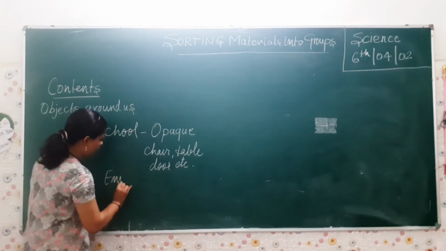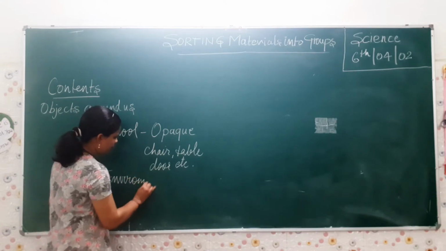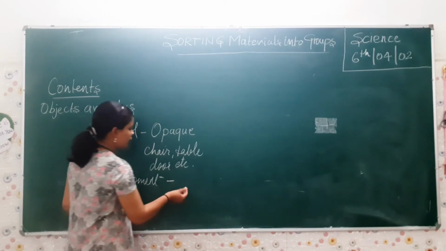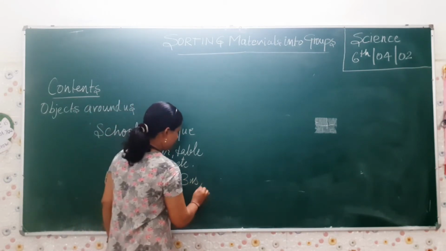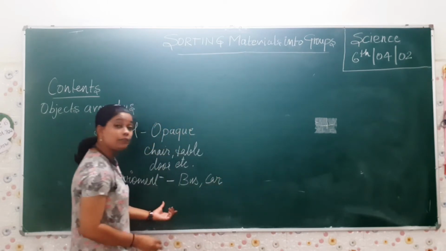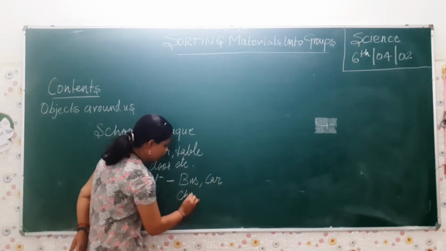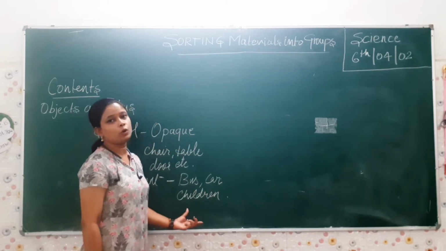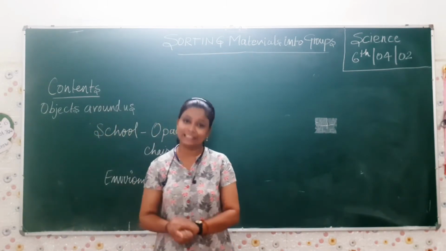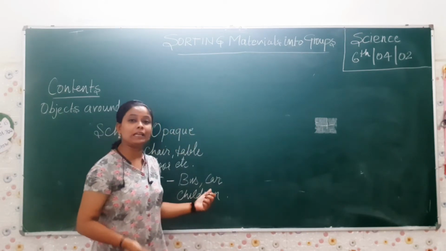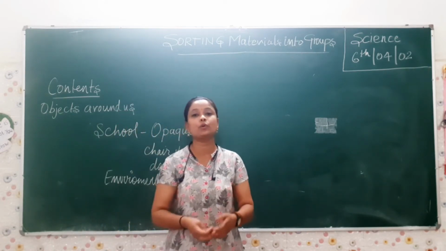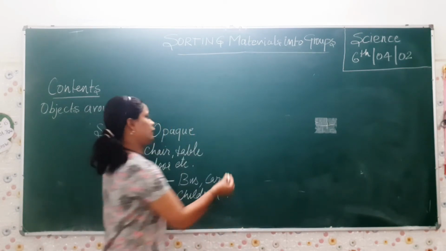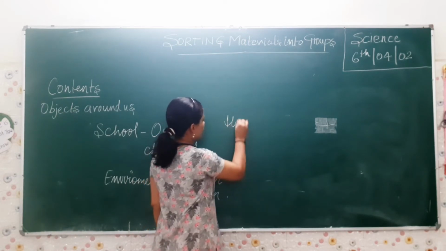You see many things such as a bus, a car, even other children. So they are a kind of opaque objects. You cannot see what is at the back if a bus is standing in front of you. Clear?